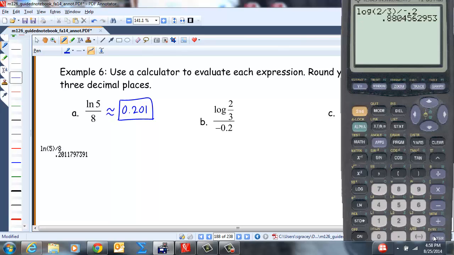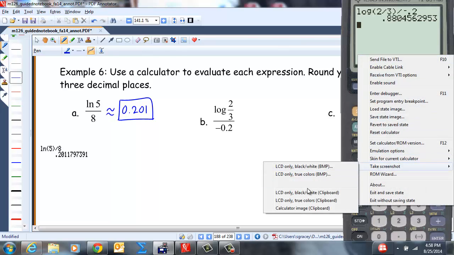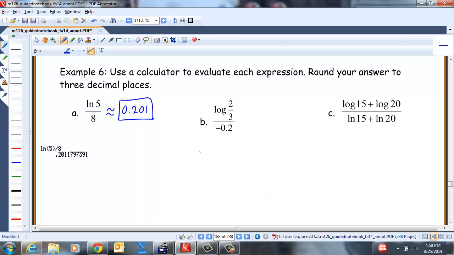So we get, I'll go ahead and copy this. So this one to 3 decimal places is approximately 0.880.